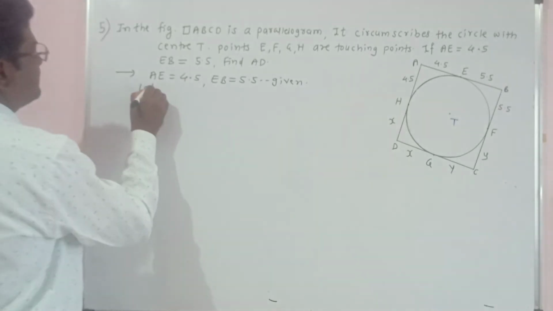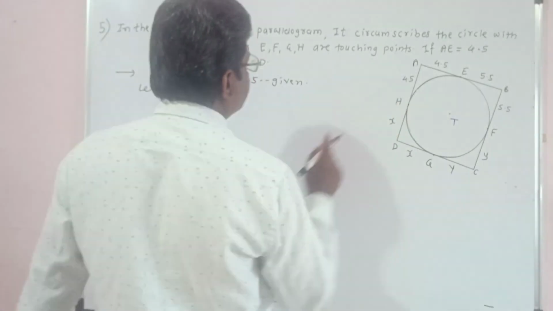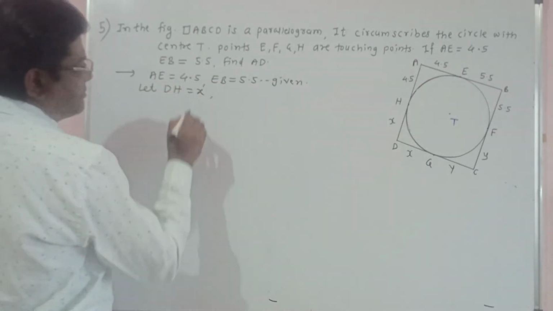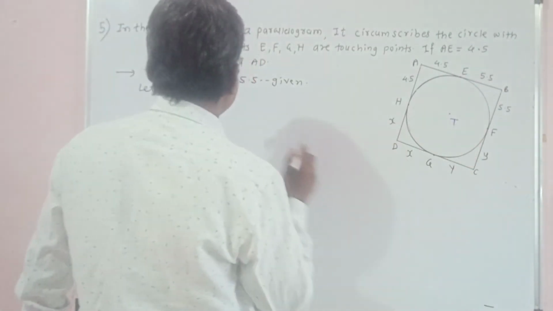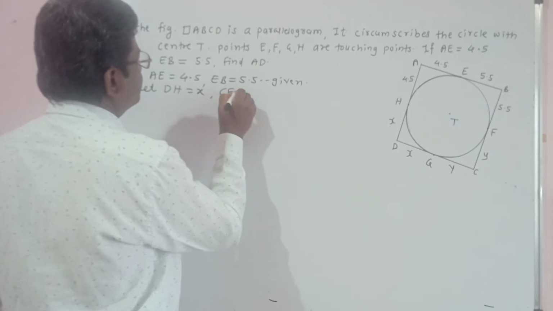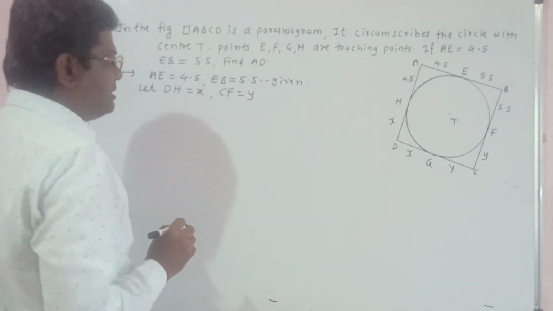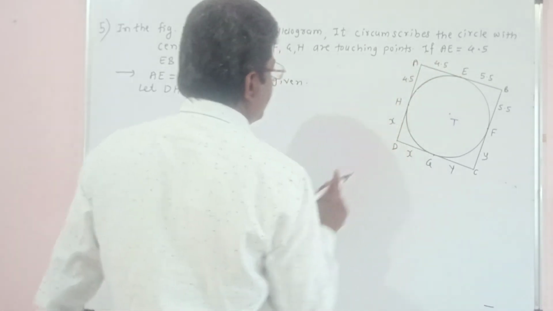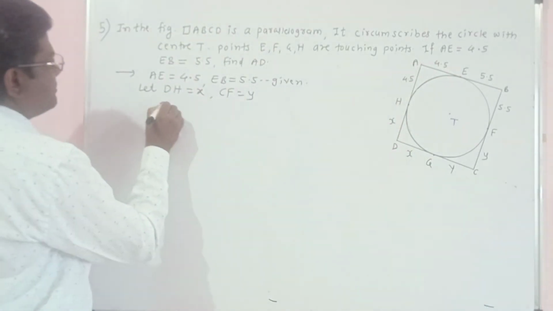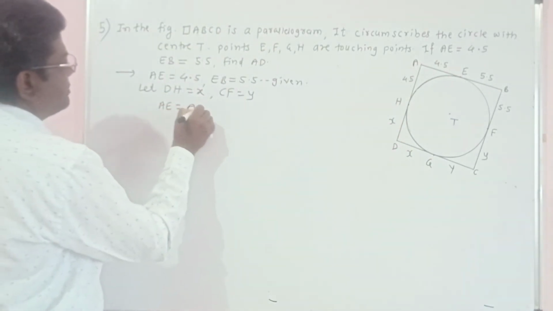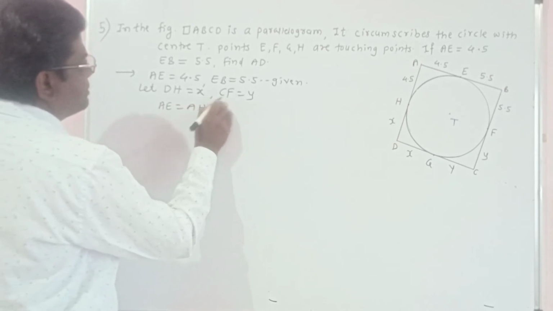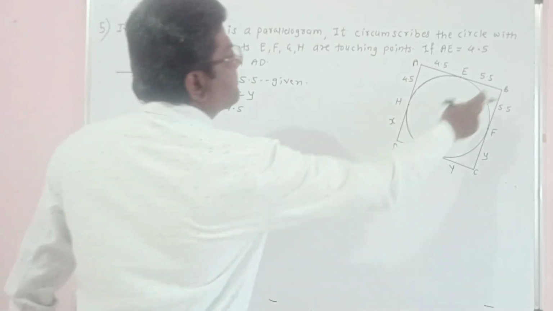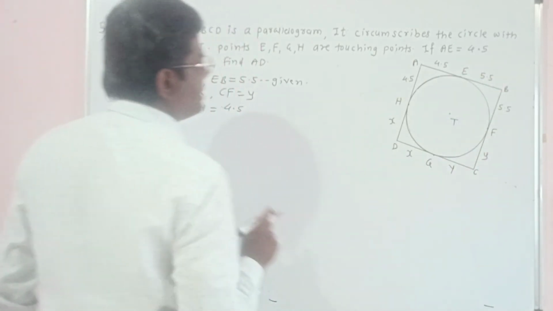Now let DH is equal to X, CF is equal to Y. Now let's see AE is equal to AH. AE is equal to AH is equal to 4.5. BE is equal to BF.